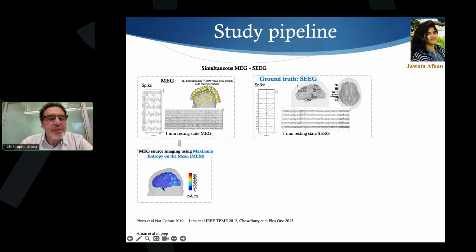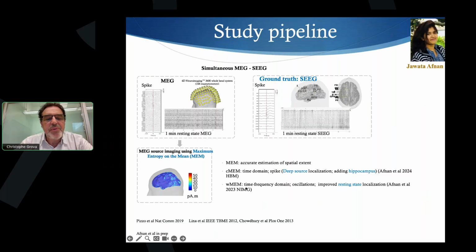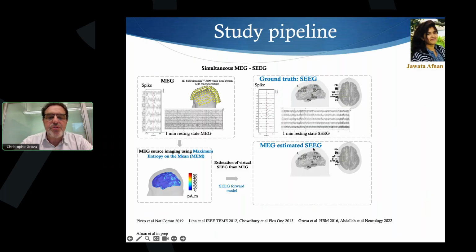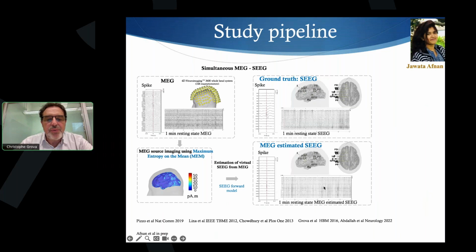For the spikes, we applied MEM to localize them with their spatial extent, and then wMEM to localize ongoing oscillations and connectivity patterns during this 1 minute. Then we apply an SEEG forward model to have MEG-estimated SEEG, as I showed you before. So this is what we reconstruct from MEG in this SEEG space, and this is what we measure directly, so we can do the comparison between those.